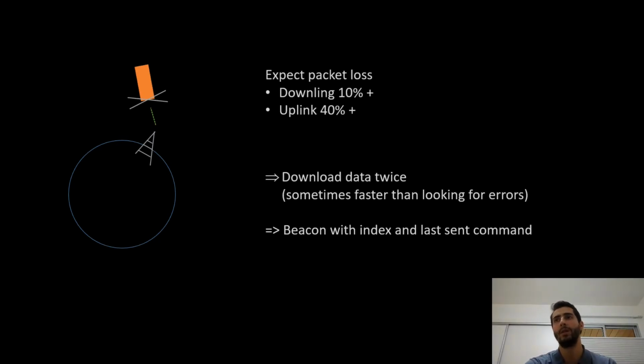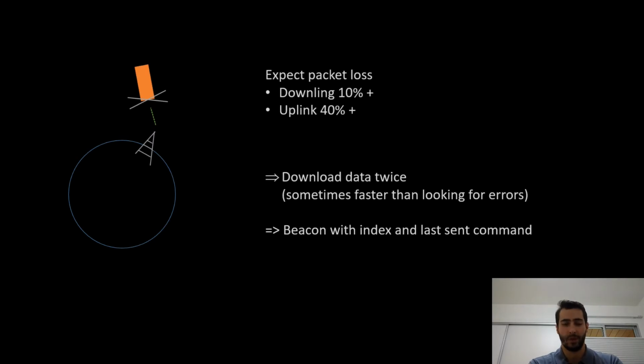And with low orbit satellites that have very short windows of time to communicate, by the time you're trying to get the data, the satellite is already gone. So the best thing is, when you get a connection, make it worth it by just downloading data twice.